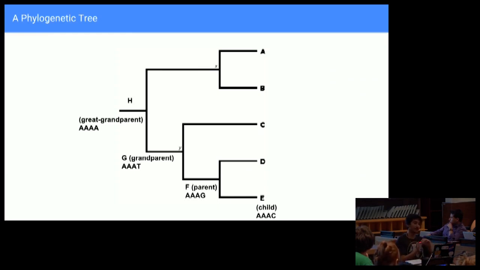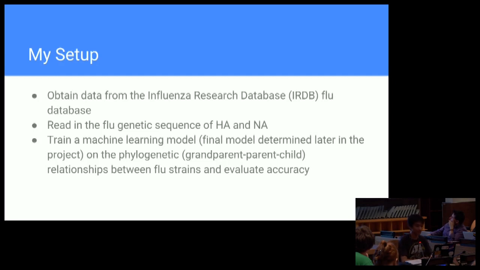If I could train a machine learning model to analyze these relationships as the flu changes generation by generation, then maybe I could predict a child of E. What would that look like? Would it be AACC? Would it be AATC? I wanted to figure that out.